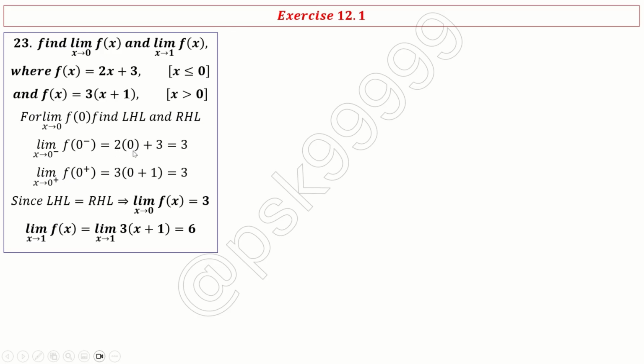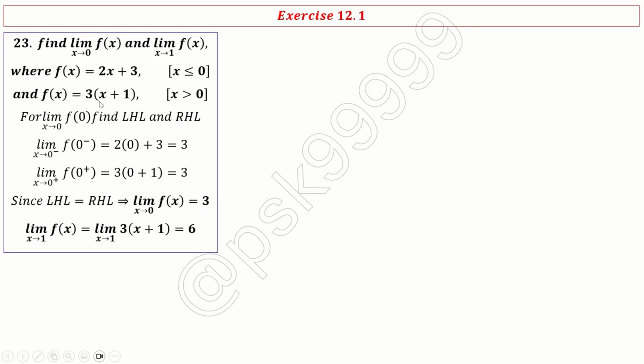If I substitute x equal to 0, I'll get 3. Limit x tends to 0 plus means x is greater than 0, which means I have to apply the second one, 3 times x plus 1, which is nothing but 3. So LHL equal to RHL, which means limit is defined as x tends to 0, which is 3.